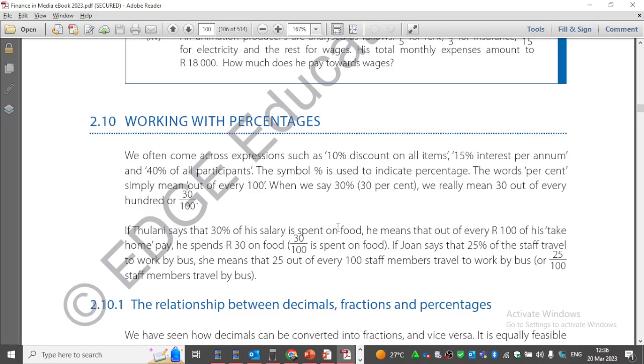Percentage is an expression of one number in percentage form. We can convert a fraction to a percentage and a decimal to a percentage. Percentage is actually a representation of the two, because a percent can be written as a fraction and can still be written as a decimal, which we have covered previously.